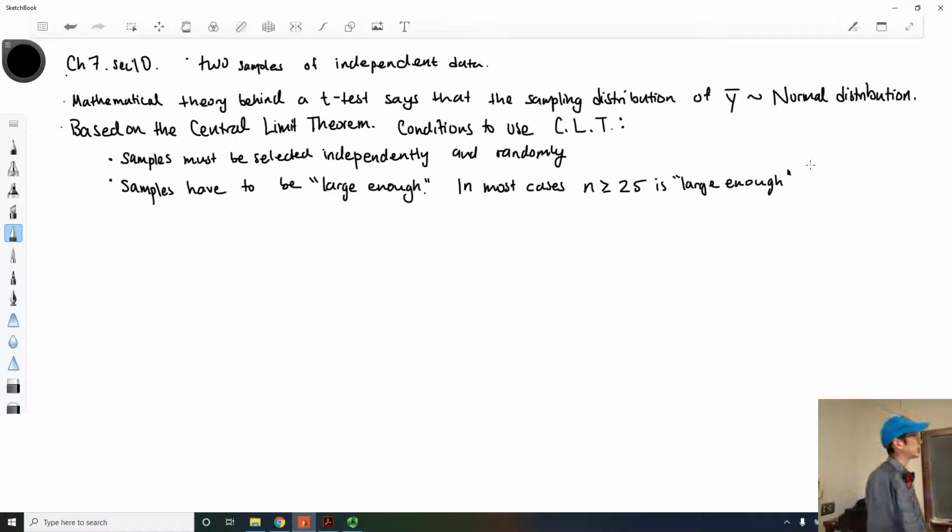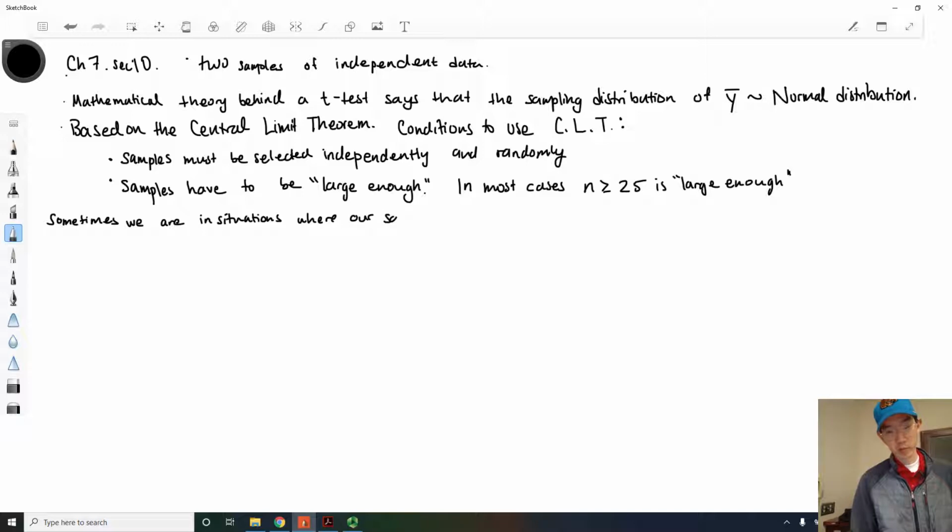But we might be in a scenario where we don't have a sample that's large enough for us to comfortably use the central limit theorem and assume that y bar follows a normal distribution. So sometimes we're in situations where our sample is not large. Sample is less than 25, okay?